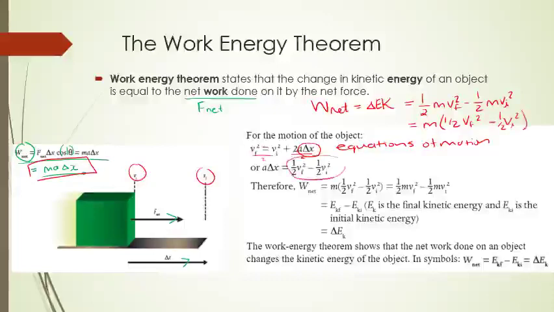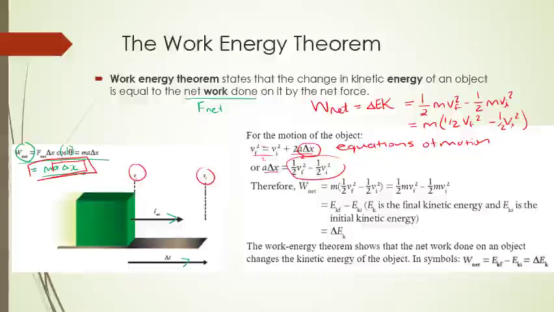That's this equation over here. And what we notice from this equation is that a delta x, which is this part over here, is equal to half final velocity squared minus half initial velocity squared.